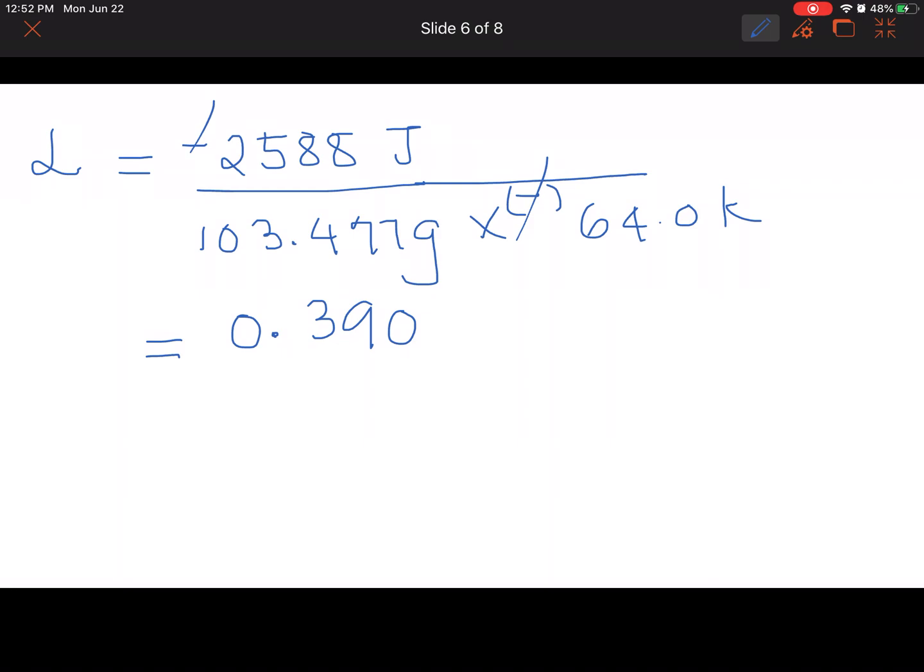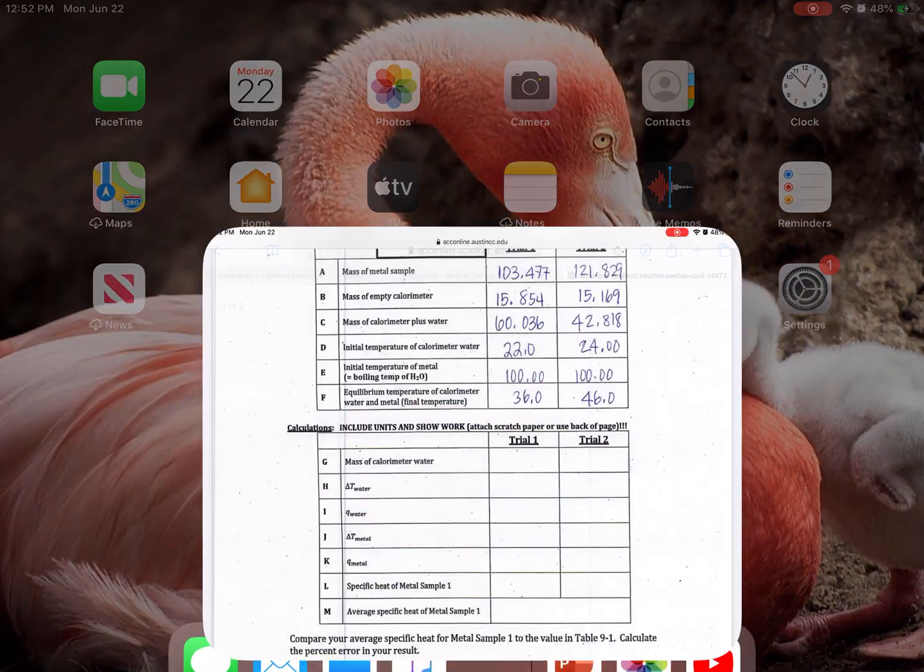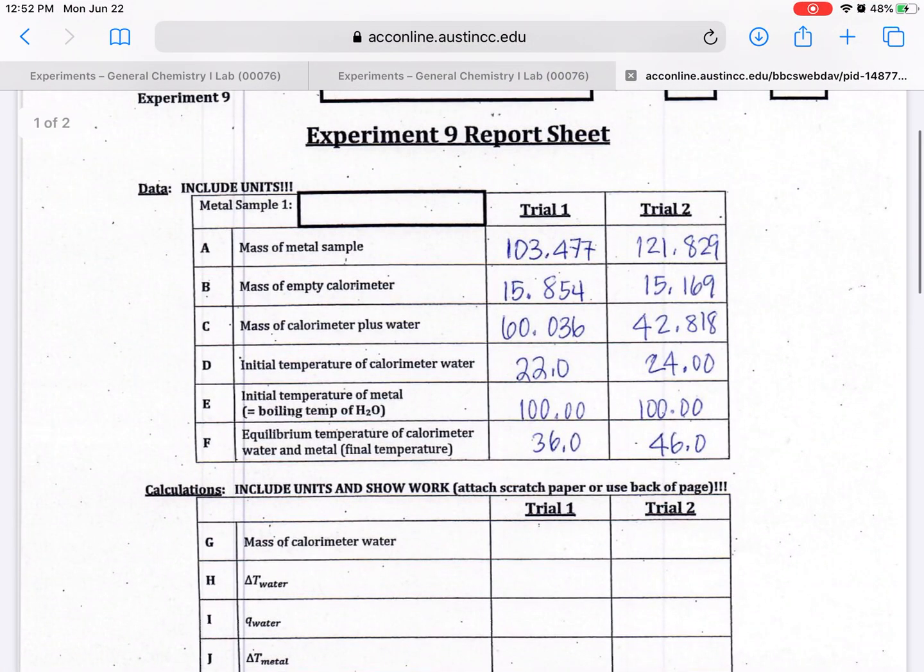And what are the units going to be? None of the units get cancelled because you need to keep your specific heat in these units, which is joules per gram per Kelvin. Okay? Now, that is the specific heat for the metal sample you just did. And you follow the same procedure to do the calculations for your metal sample B, trial 2.